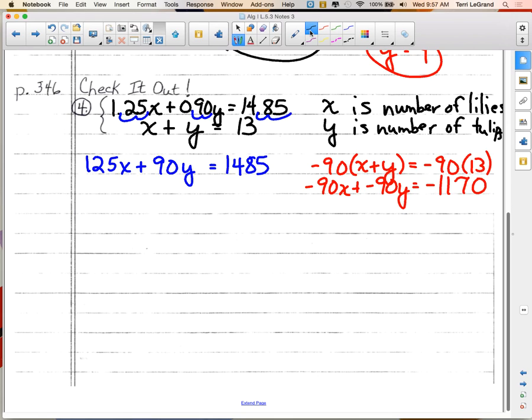Now we can take it over and we can add it to our first equation that got renamed. So we have negative 90x plus negative 90y equal to a negative 1,170. We did create opposites. We have a 90 and a negative 90, so we can move on. How many x's do we have when we add those together?